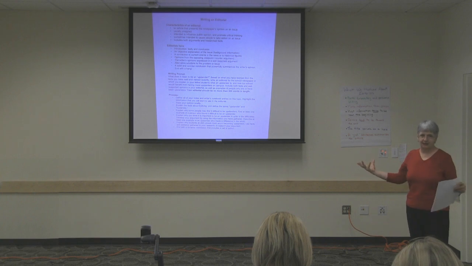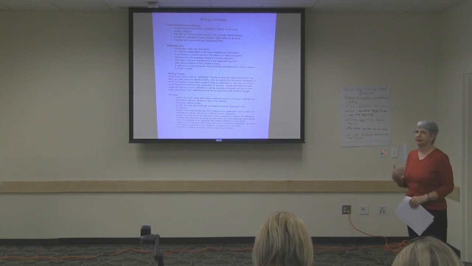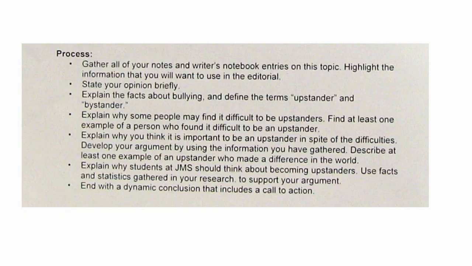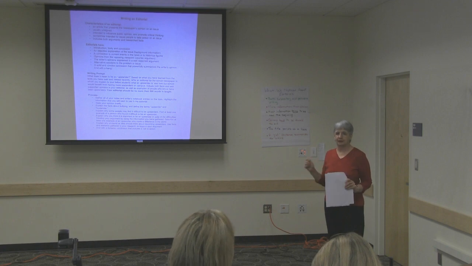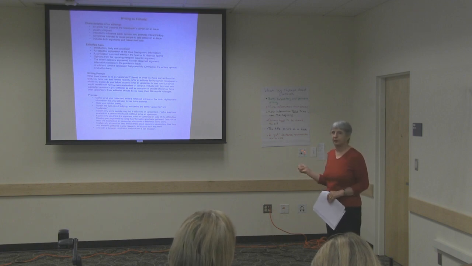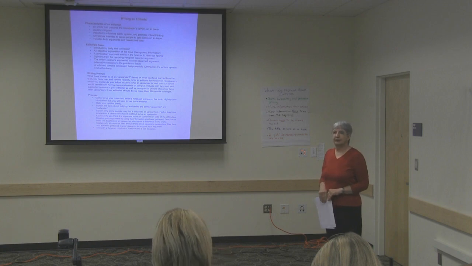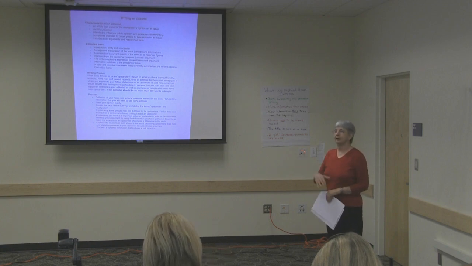They had this huge amount of notes and ideas that we had amassed from all of our sources. So the first thing they did was gather all of those notes together, and they went through and highlighted in their notes the things that they thought would be useful. Then they decided on what their opinion on this topic was.